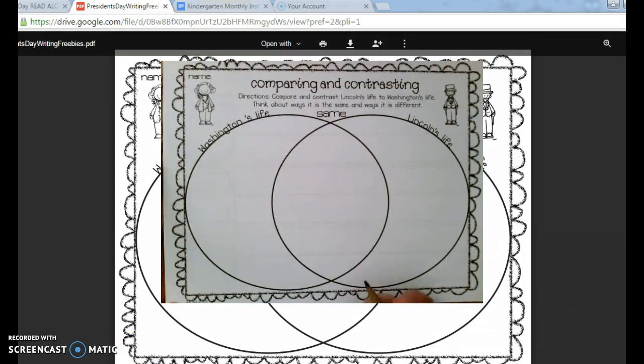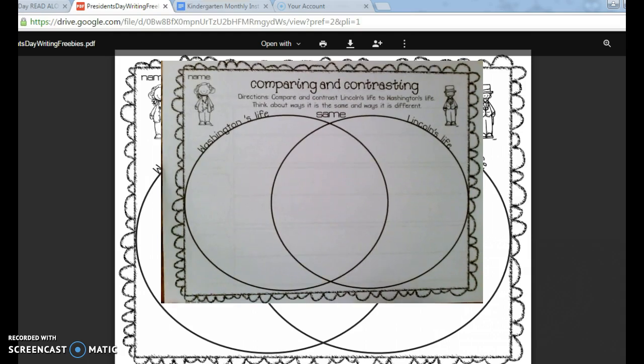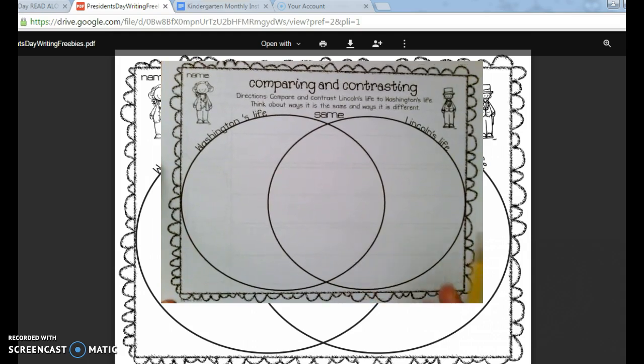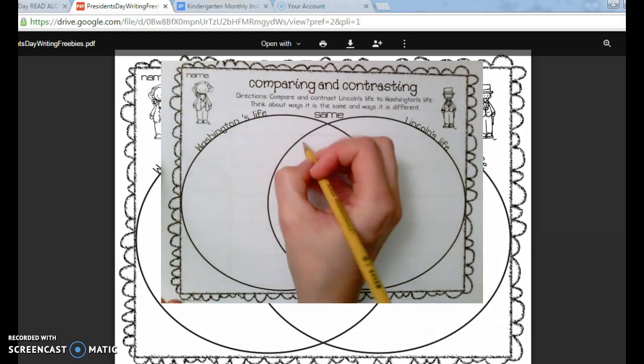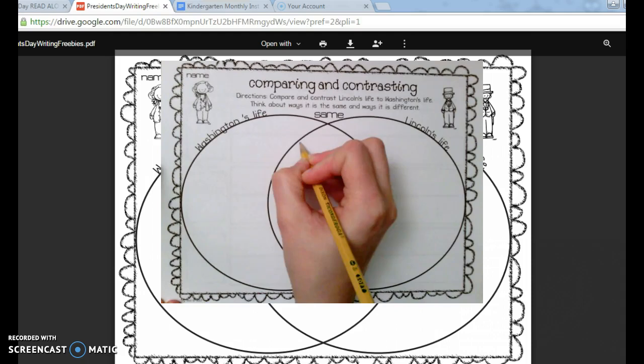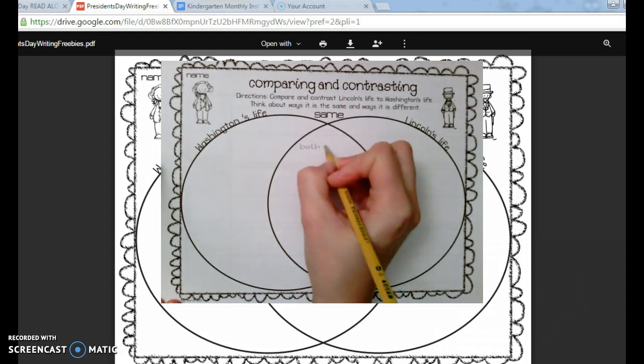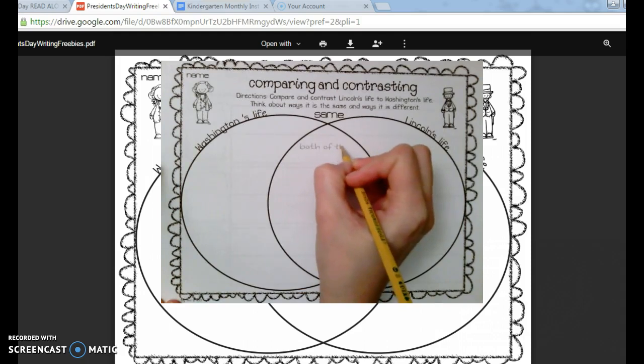So I am thinking back to the story about some of the facts that I learned about George Washington and Abraham Lincoln. Now, one thing that I thought was interesting that was the same for both of them, or a way they are similar, is that both of their faces are on Mount Rushmore. So that's what I'm going to write here in the middle, because that is the same for George Washington and Abraham Lincoln.